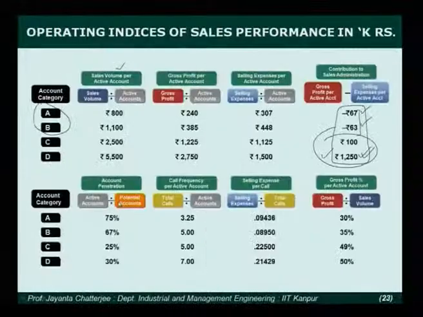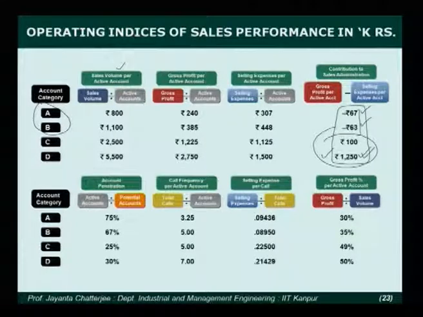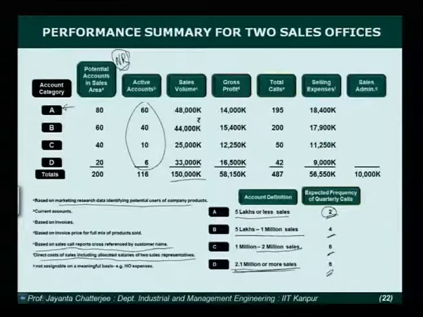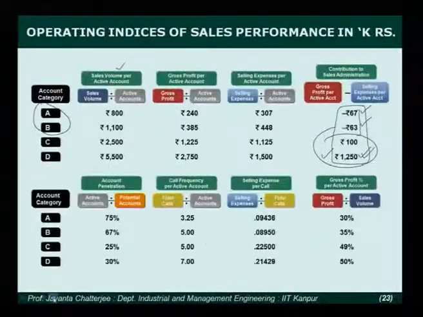Also very interesting to look at is our account penetration, derived from the previous data. If the potential number of accounts is 80 and our active accounts are 60, we have 75% penetration, and if this is a rapidly growing market, then in spite of these negative numbers it will be highly attractive for us.